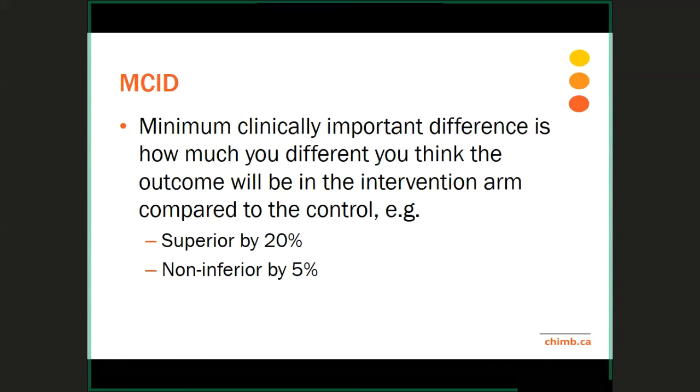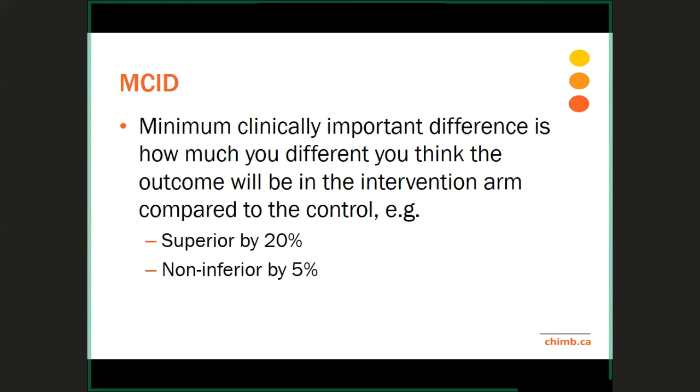And you can't just pick numbers like 20% or 5%. You actually need to provide some justification for why that difference is important. So why is 20% important? Is it because if they're 20% better at this time point, they're less likely to have an emerge visit down the road? You need to really think about what you're trying to measure and how and what that important difference is.